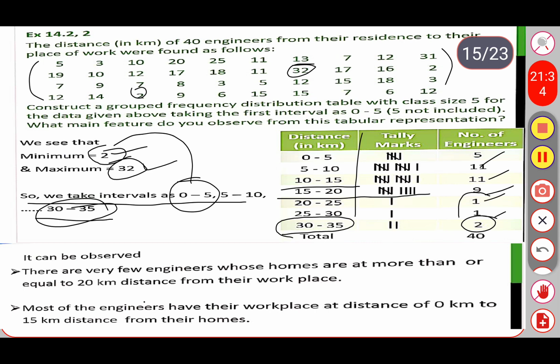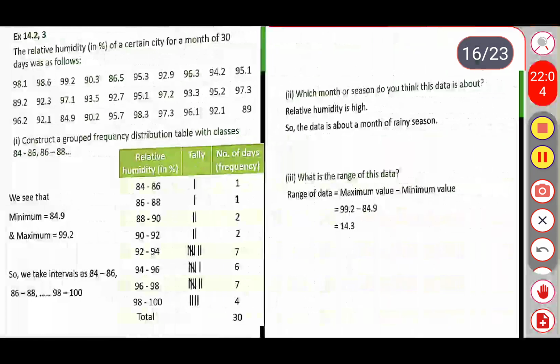Here you are observing 11 and 11. The total strength of the engineers is 40. Out of 40, 22 engineers are having their residence within 15 kilometers. It means more than 50% of the engineers are having their residence within 15 kilometers of their working places. So this is the conclusion of the given question. Let's see the third question.